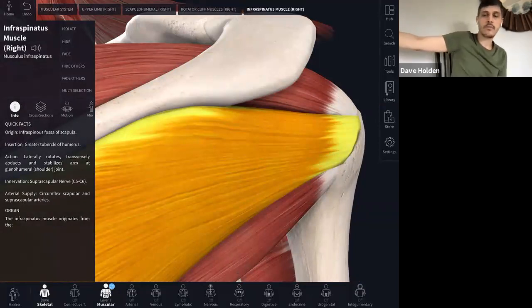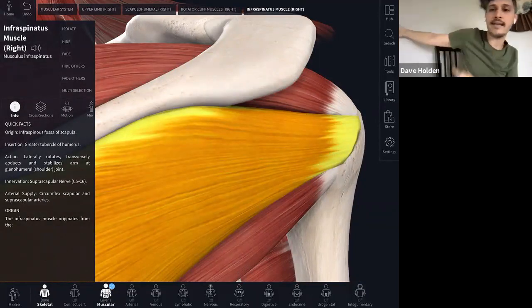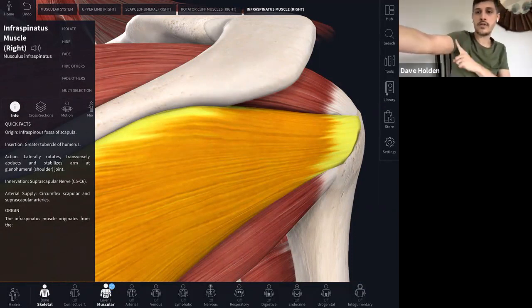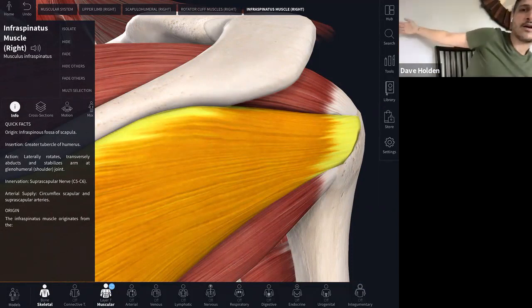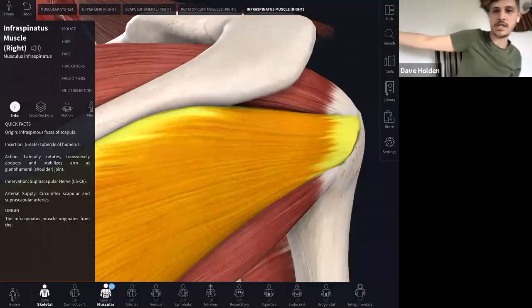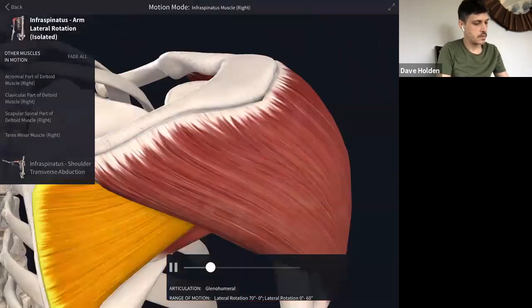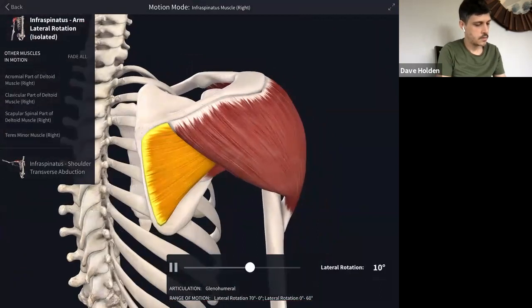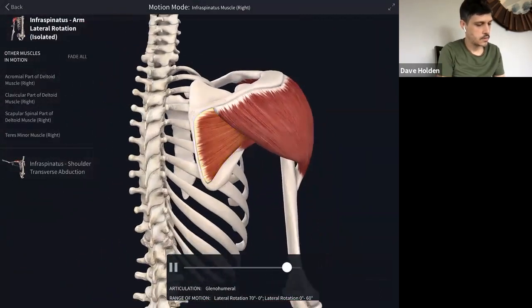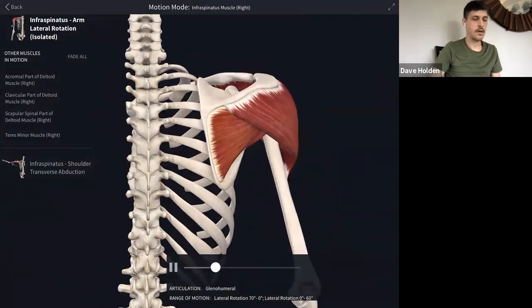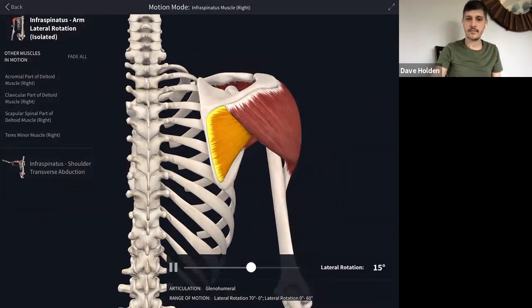The other aspect of this is once the arm has been abducted, it horizontally will abduct. So starting, contracting, horizontal abduction. So we can watch this muscle do lateral rotation.